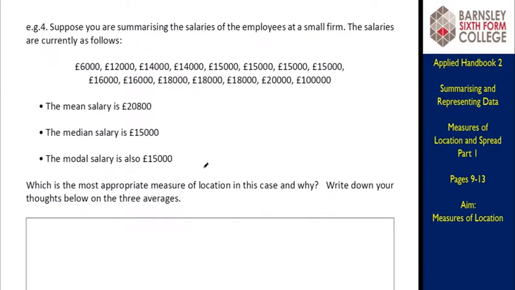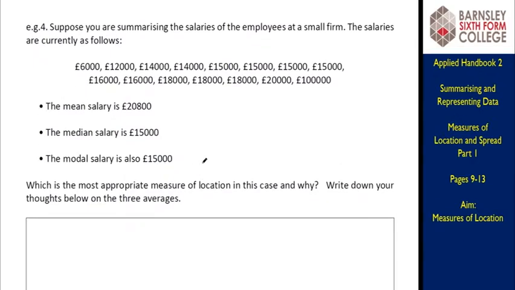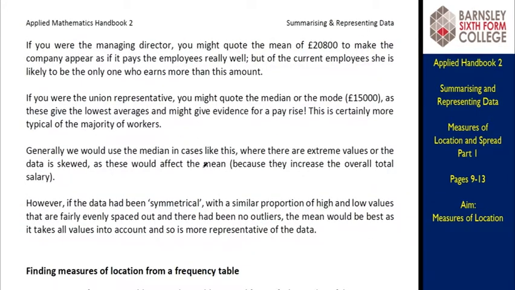So depending on what your circumstance is, you might argue which one is better. For example, if you're the managing director, you might quote the mean, because it makes your company appear to pay employees more than it maybe does.